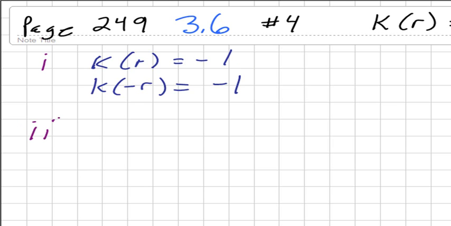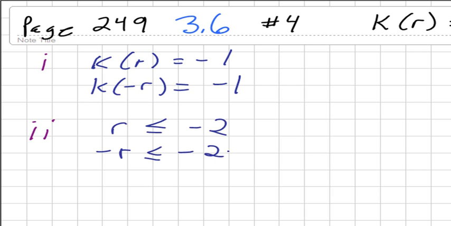It asks us to give the domain of its reflection through the vertical axis. Well, our domain was given as r is less than or equal to -2. Since we negated r here, we also have to negate it here. So it becomes -r is less than or equal to -2.